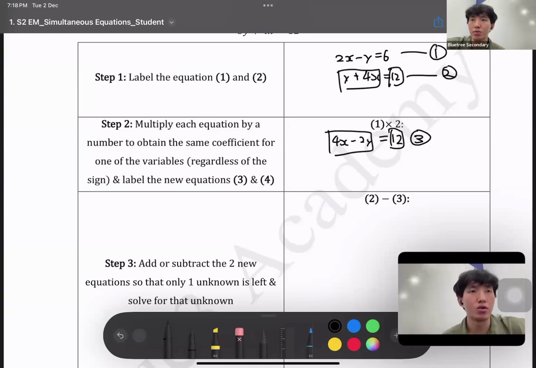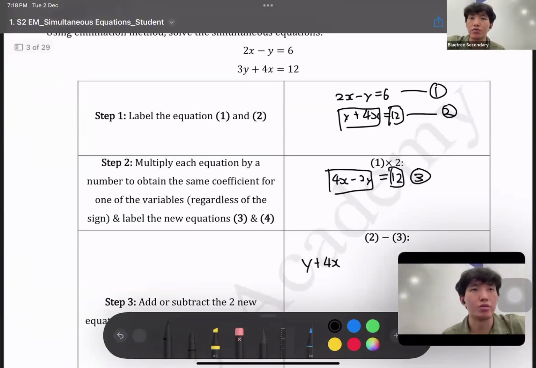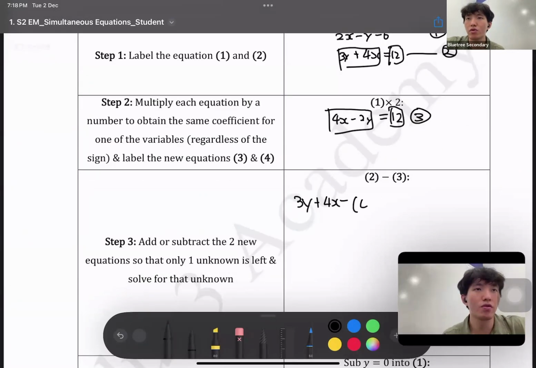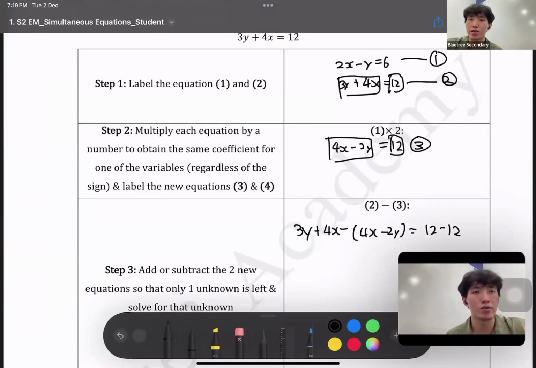So this will look something like y plus 4x. Oh, sorry, I think I am missing a 3 somewhere. There should be a 3 here. So 3y plus 4x minus 4x minus 2y. Whether you have the brackets or not, for this one, it doesn't really matter. So equals 12 minus 12, right? Let me tell you again what's left side and what's right side.